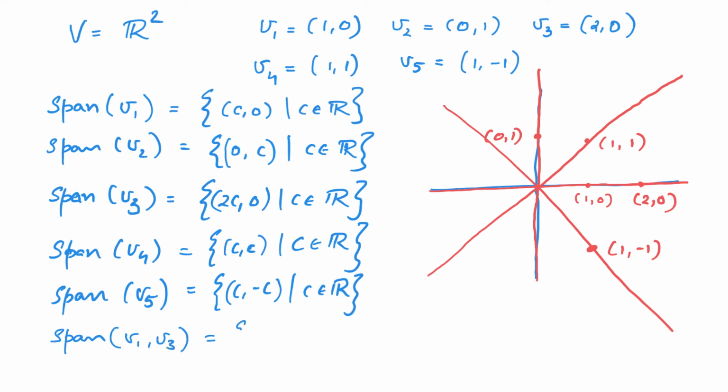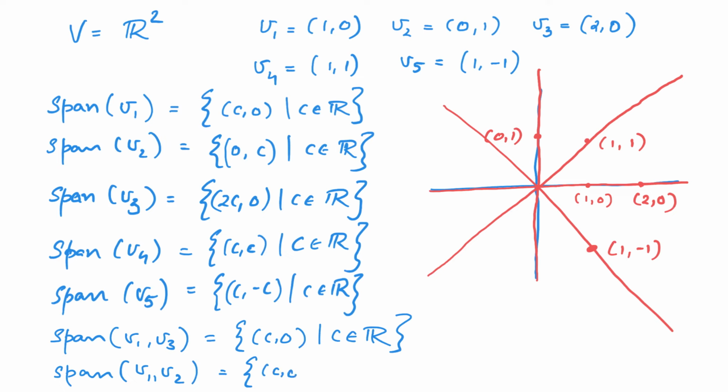This once again is just the x-axis, or in other words, it's the set of all (c, 0) such that c belongs to R. On the other hand, if you look at the span of v1, v2, this is equal to the set of all (c, d) such that c and d both are real numbers. Now this is the entire R2.